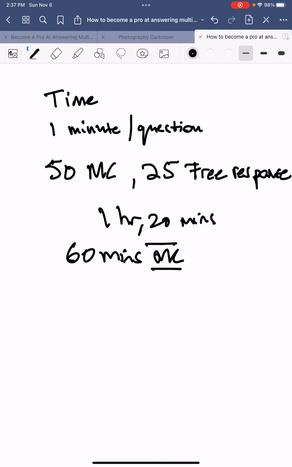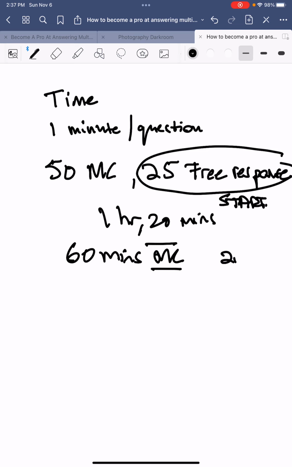But the best strategy I've noticed for many, many students, in fact, is to start with a free response. Spend your 20 to 25 minutes there, and if you are not done, then pause there and go to the multiple choice questions and then do them. You can much faster read through a multiple choice question than you can construct a free response answer. So in the end, you may do better by just the simple strategy of starting with a free response.